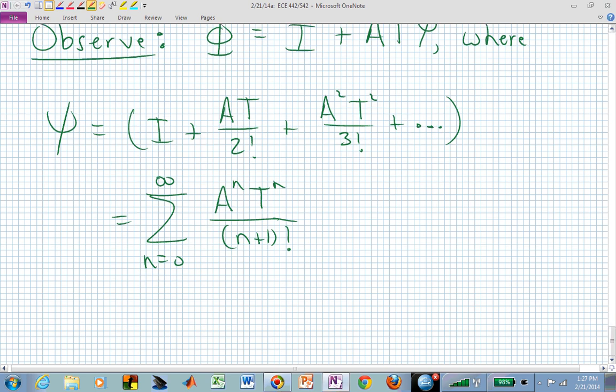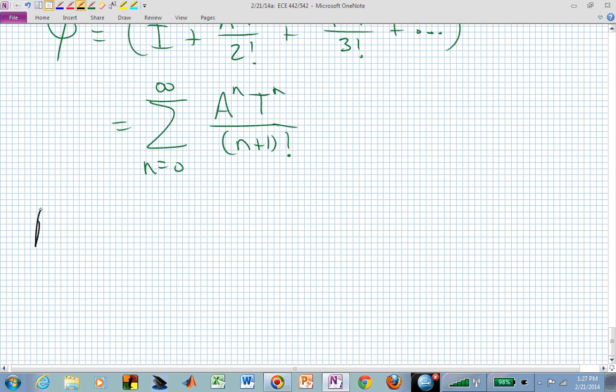Again, calculating psi, that matrix psi, by forming A and then A squared and A cubed, raising A to a higher and higher power is not very nice numerically, so we should be doing it in a more satisfying numerical way.